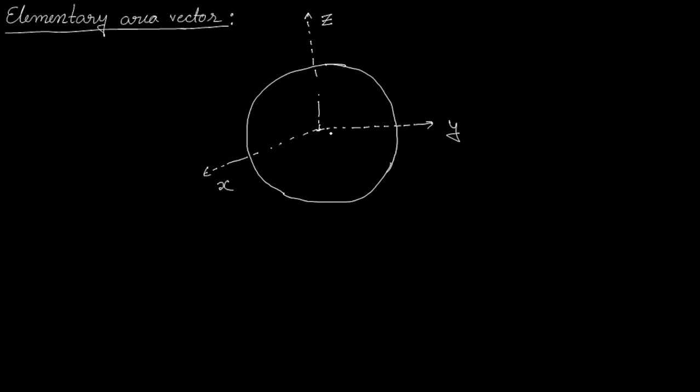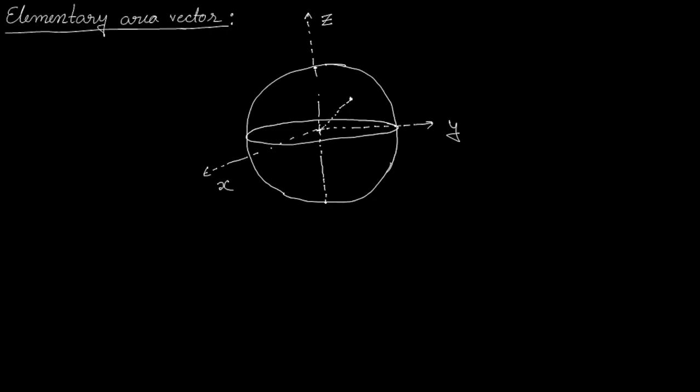Now let's consider a point on this sphere of radius r. On the curved surface of the sphere, let's consider a point P, which lies on the curved surface.